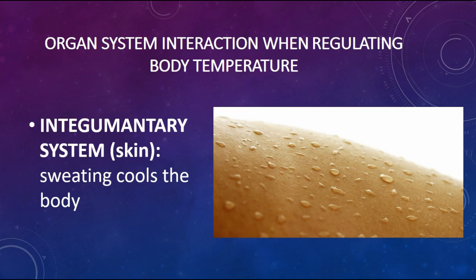The evaporation of the sweat cools off the surface of the skin, and then heat from the bloodstream transfers through the skin to the surface, where it's cooled even more. It's a cycle that just keeps going, and this process helps to cool down the body. So when the body is trying to regulate its body temperature, the circulatory system is interacting with the skin, which is part of the integumentary system.